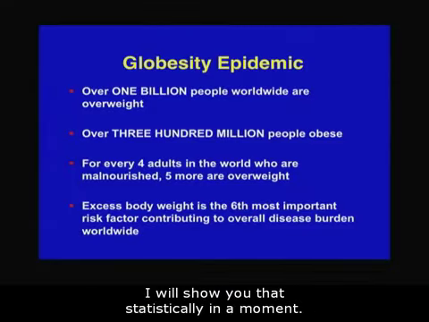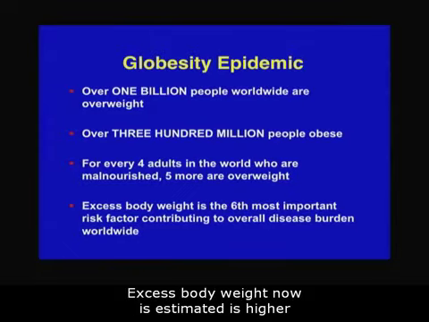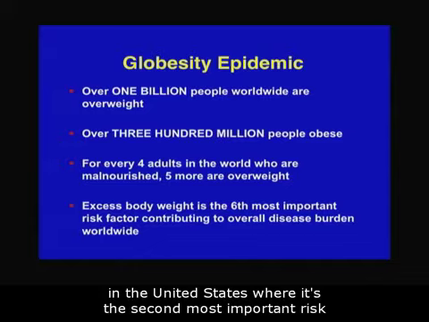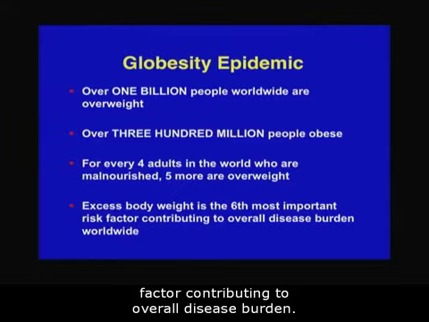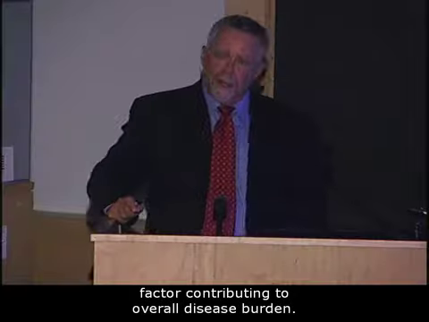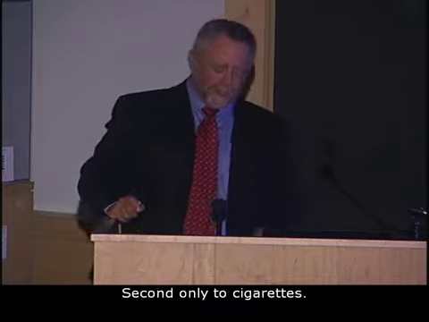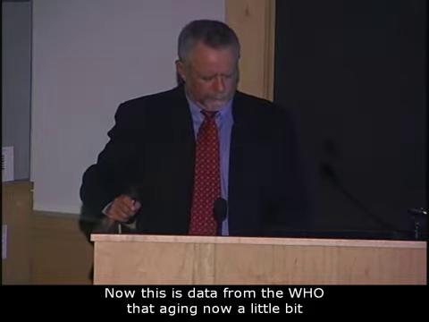And I'll show you that statistically in a moment. And excess body weight now is estimated, it's higher in the United States, but even internationally, it's the sixth most important risk factor contributing to overall disease burden. In the United States, it's number 2, second only to cigarettes.